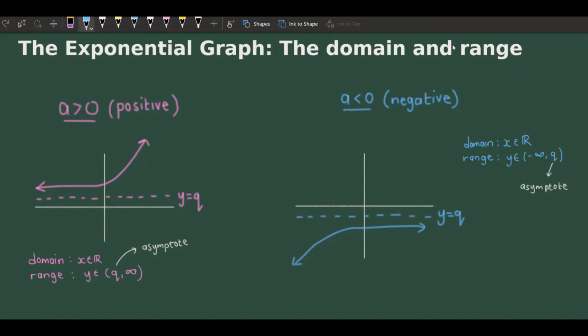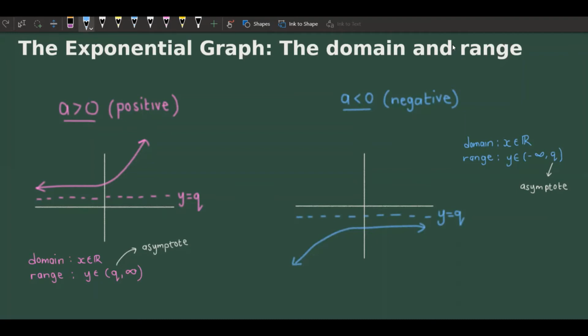The one is where our shape parameter a is positive, and the second one is where our shape parameter is negative. So if we have a positive a value, then the graph is at the top of the Cartesian plane. The domain is x is an element of real numbers. As you can see, the arrows pointing towards negative infinity and positive infinity indicate that all of the x values are taken in the exponential function.